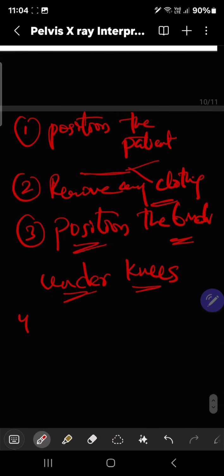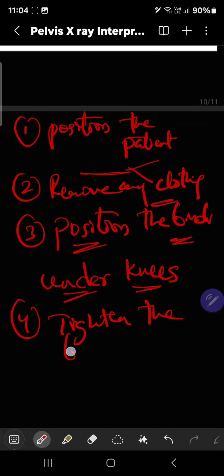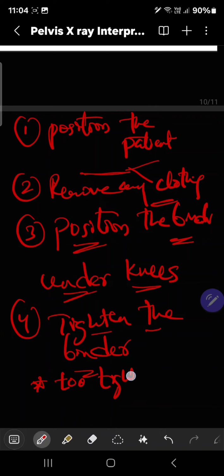And number four is, after placing, tighten the binder according to the manufacturer instructions. One more important point is, you should not bind the pelvic binder too tight or too loose.